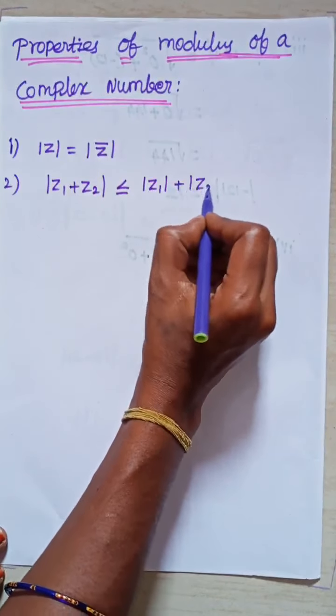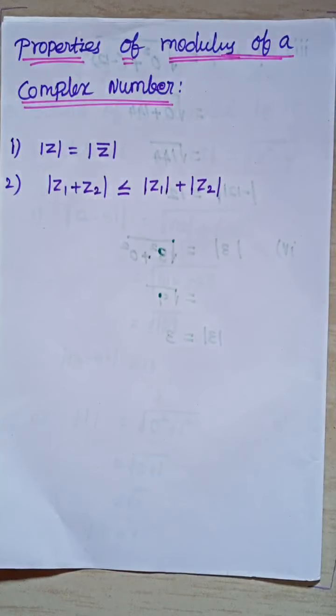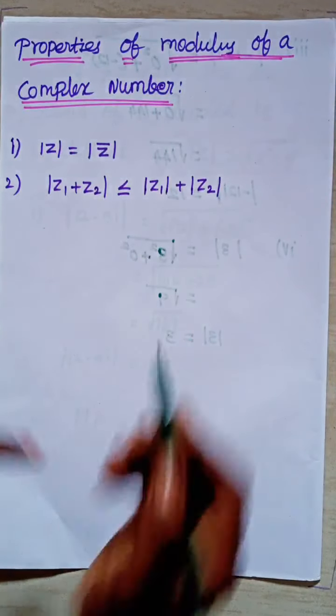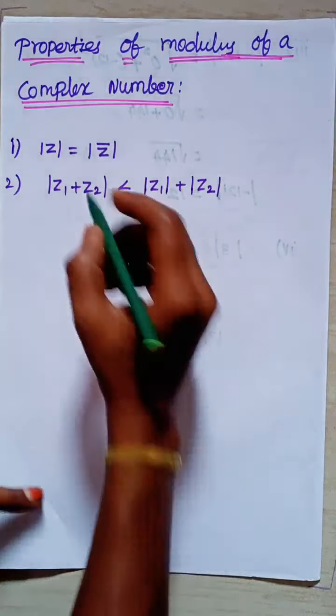The property name is called the triangle inequality. What is the triangle inequality? Modulus of z1 plus z2 is less than or equal to modulus of z1 plus modulus of z2. That is called the triangle inequality.